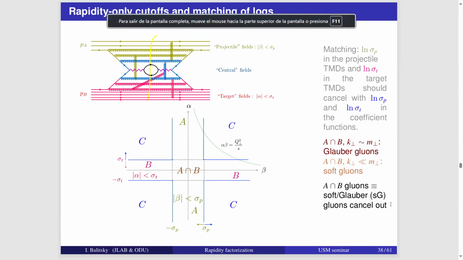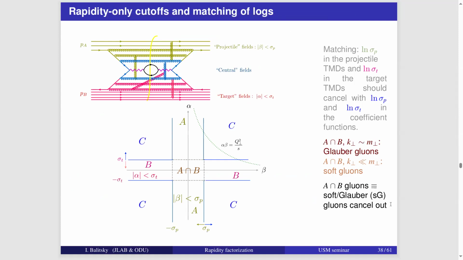For example, if you have down, something happens. But you can have a gluon which goes like that and does not take part in this. You can have a gluon which goes like that. It will be in this classification, right here.